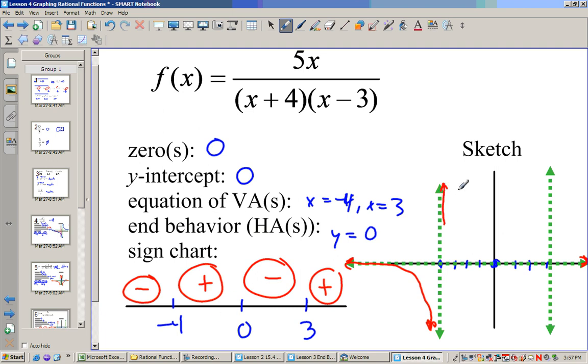It's got a 0 at 0, and then it turns negative, or it comes down like that. Now after 3, it starts at the top. It's going to be positive the whole time, and then it's going to go towards that end behavior as it goes off to the right. So here's our graph.